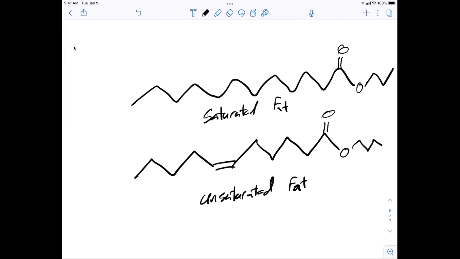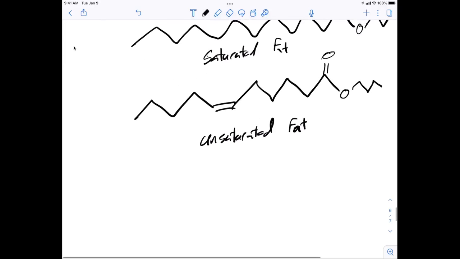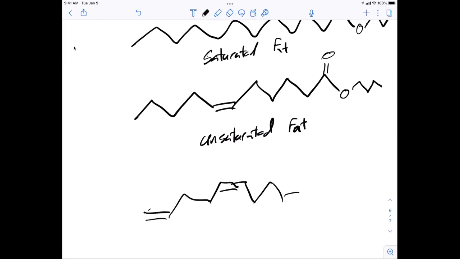And things that are saturated tend to be fats at room temperature, and things that are unsaturated, because of their bending, especially polyunsaturated, and I'm going to try and make all of these cis and not trans, the polyunsaturated tend to be oils.